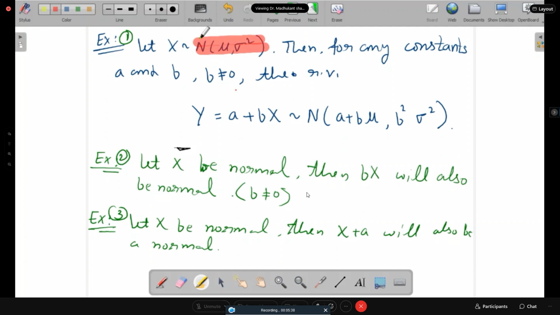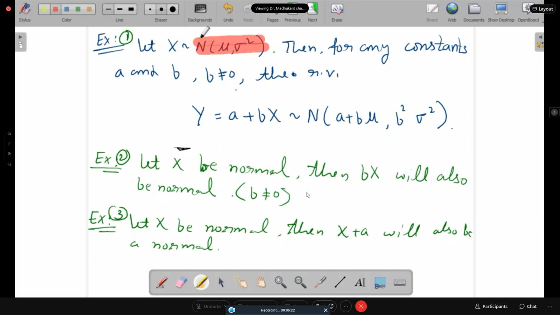One parameter is mu, denoting the mean of the random variable, and sigma square denotes the variance of the random variable X. Its PDF is a special type of function, which you may have seen in some integration like the error formula, or in physics, where it appears more and more. So we already know the definition of the corresponding PDF of the normal random variable.